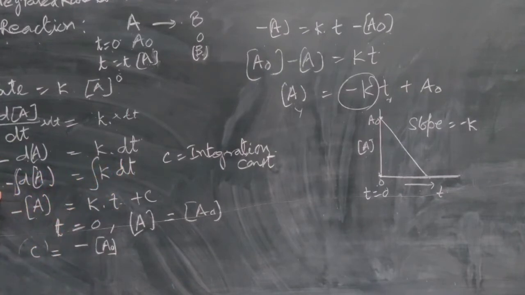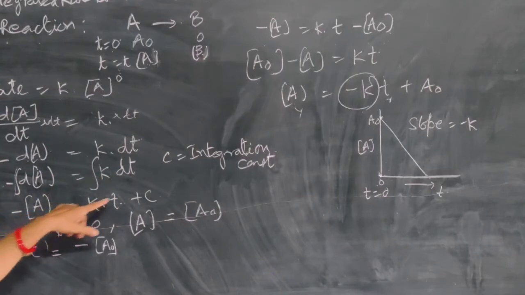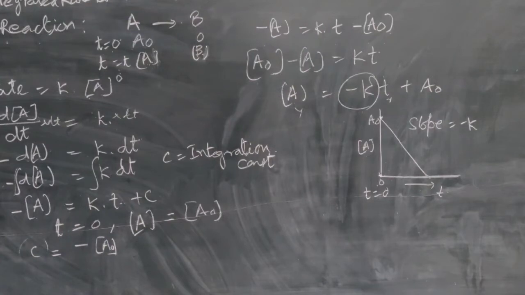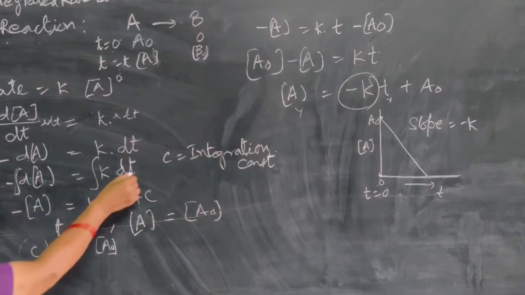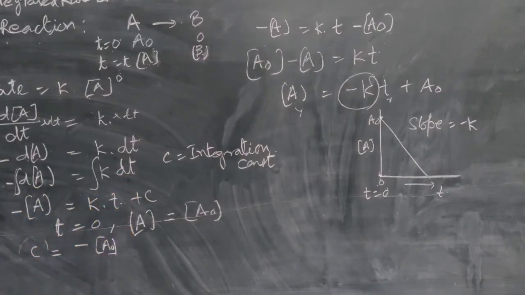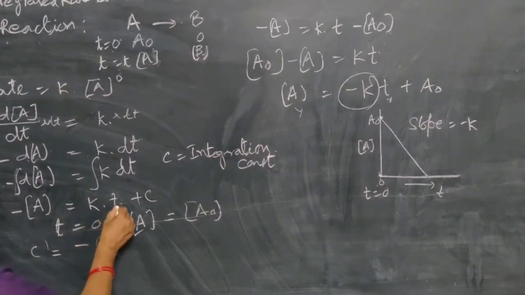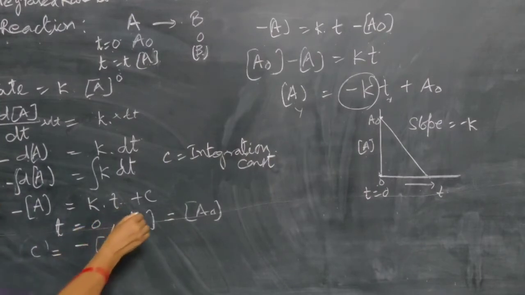Then we can write minus dA is equal to k dt, and after integration you will get minus A is equal to kt plus C. The integral of minus dA is minus A, and dt gives t because we are integrating with respect to time. Clear? And C is called the integration constant.